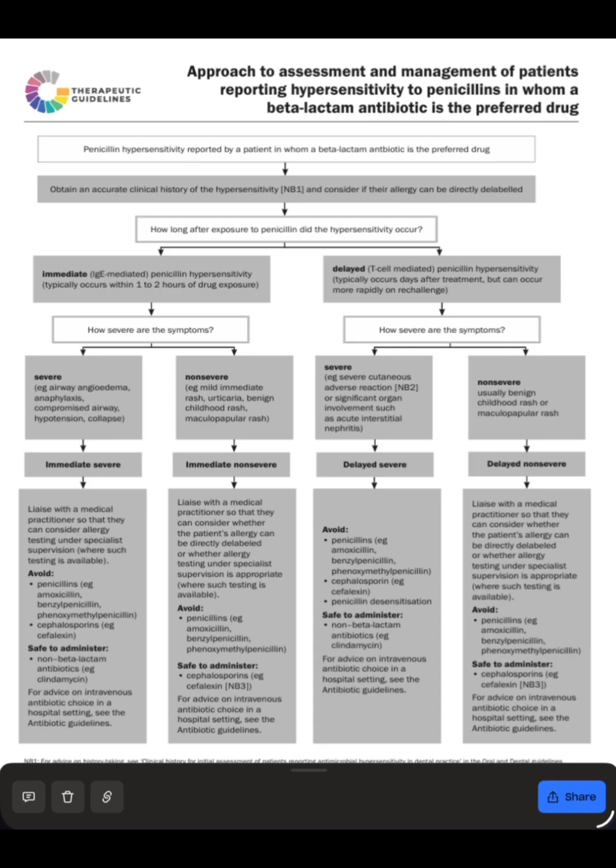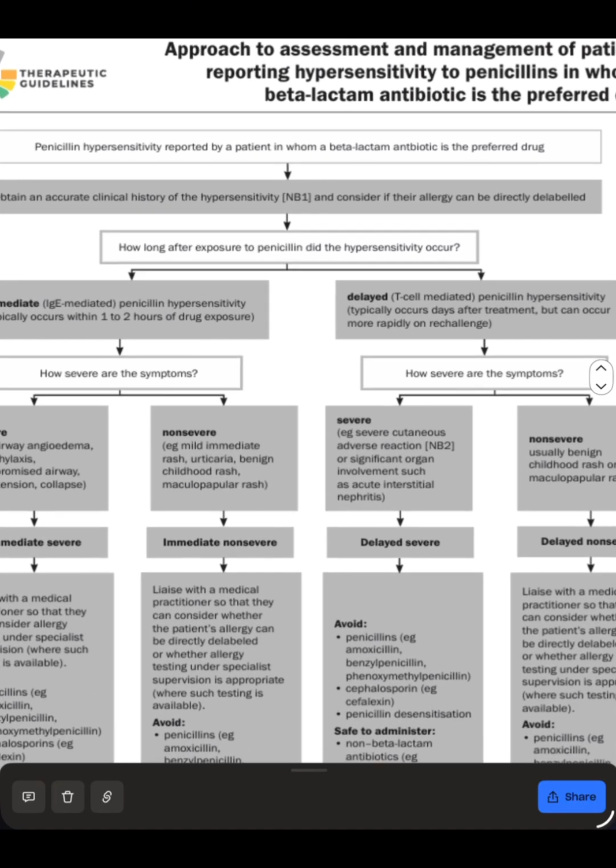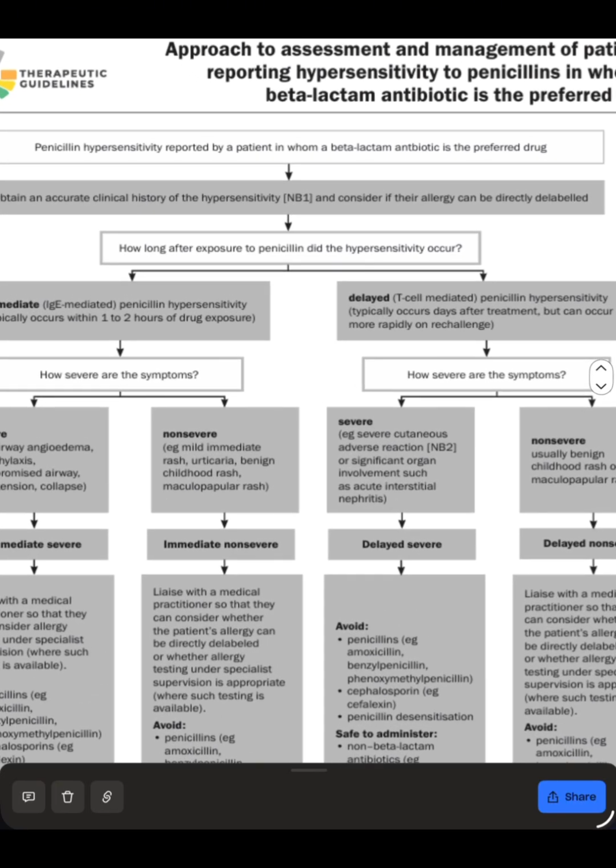So, how do you approach, assess and manage the patients who are allergic to penicillin, and a beta lactam antibiotic is the preferred drug in those patients? What can you do? So, penicillin hypersensitivity reported by a patient in whom a beta lactam antibiotic is the preferred drug. First, we need to obtain an accurate clinical history of the hypersensitivity.